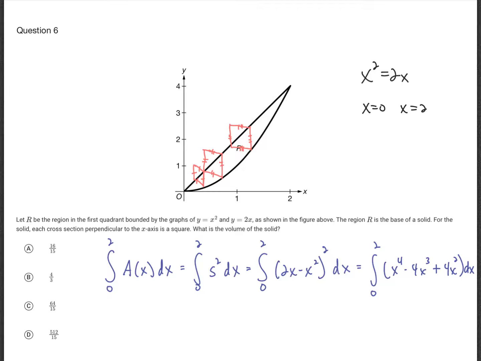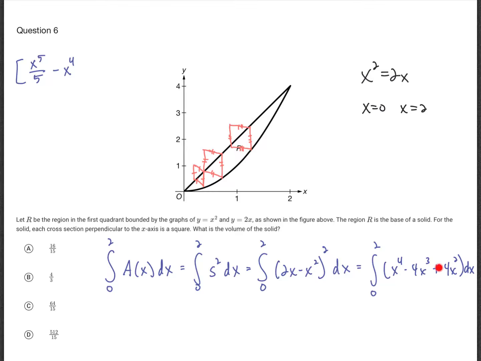To finish this off up here where there's room. So next thing, we'll take the integral. The integral of x to the fourth is x to the fifth over 5. Okay, the integral of negative 4x cubed is just negative x to the fourth.